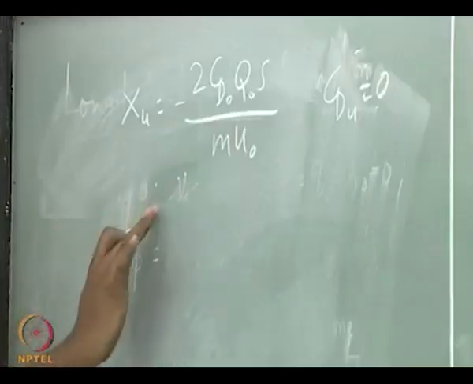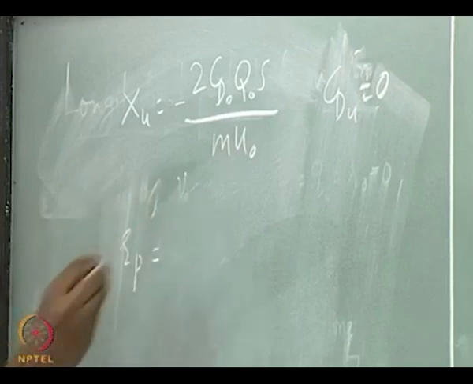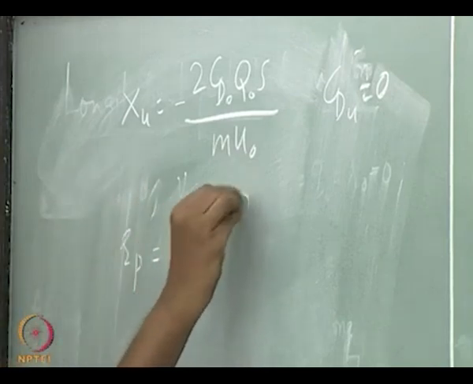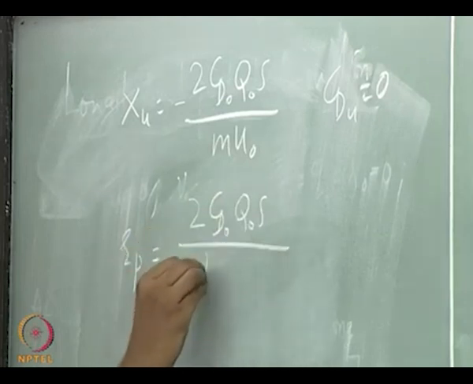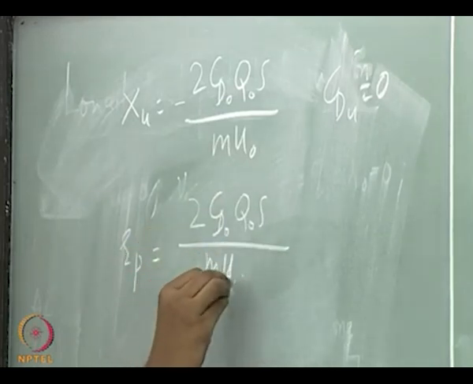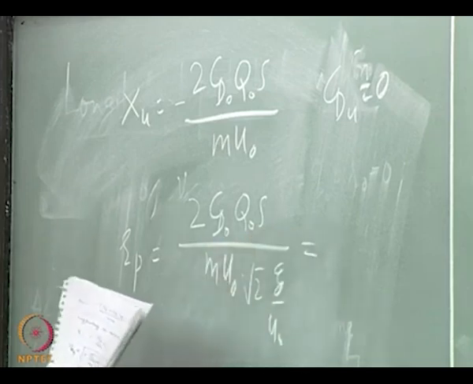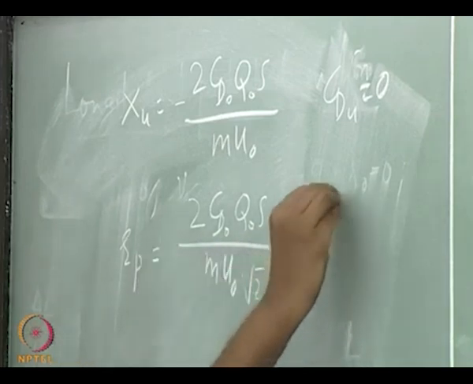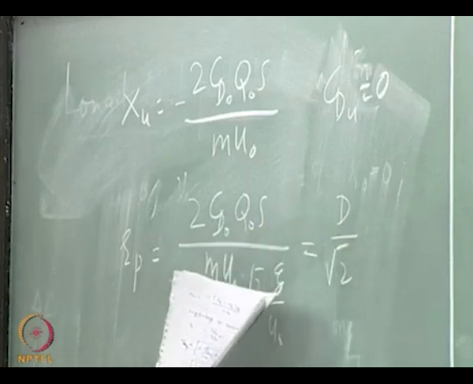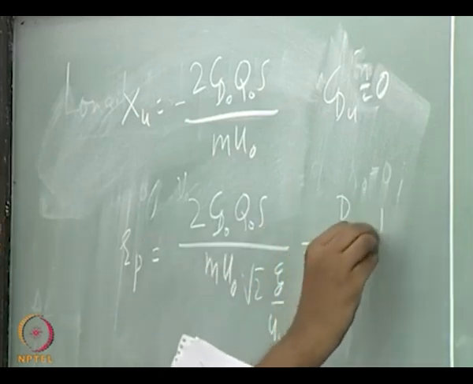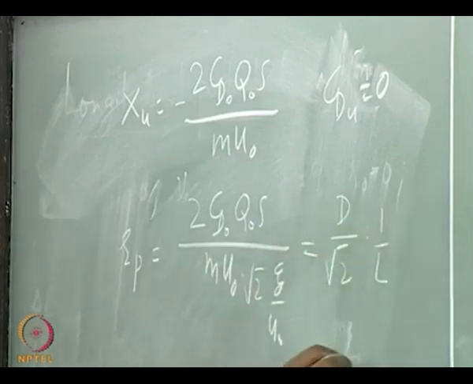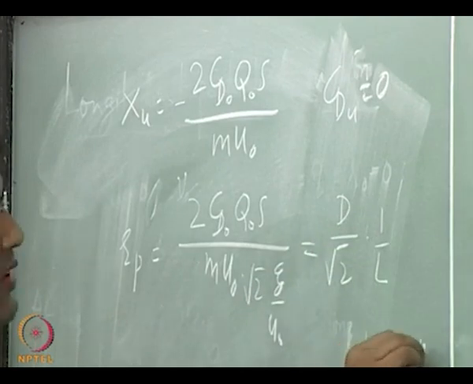So, the damping in Phugoid is, so again I am using L equal to W equal to mg in this.